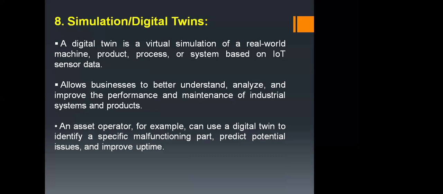An asset operator, for example, can use a digital twin to identify a specific malfunctioning part, predict potential issues, or improve uptime. So the actual product we are going to make can be replicated in the digital twin, or simulated version, and on that digital twin we can perform different analyses.